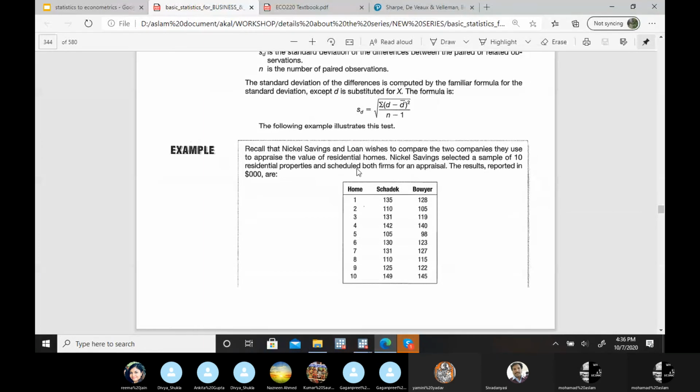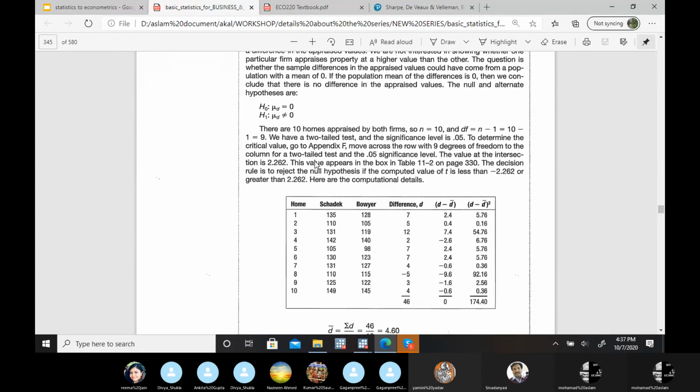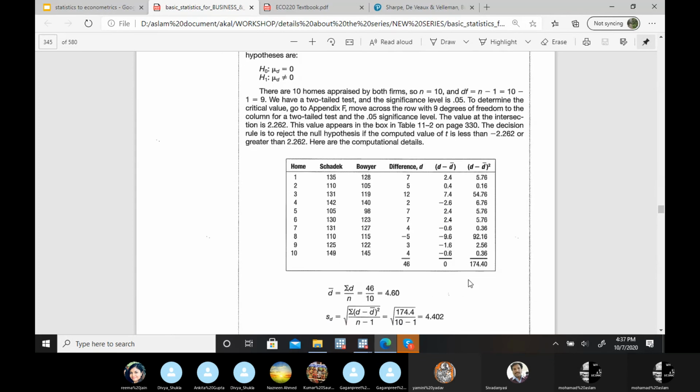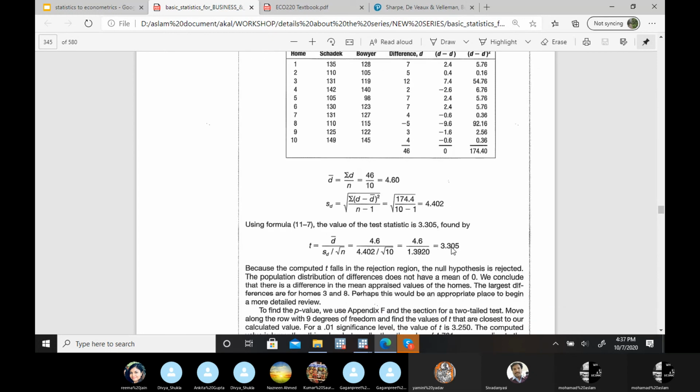Two different companies. Now they are testing this: Nichols Savings selected a sample of 10 residential properties and scheduled both firms for an appraisal. Results are here. In the null, we are taking that there is no difference. So you have to find the difference, then the gap between the differences. Now the mean of the difference and the standard deviation of the difference give your t value.